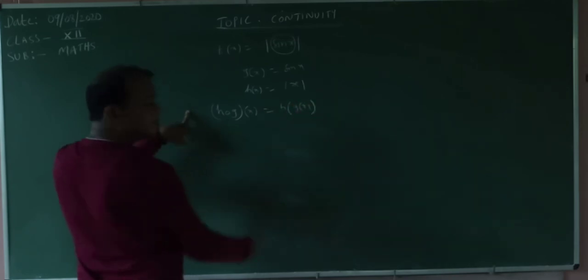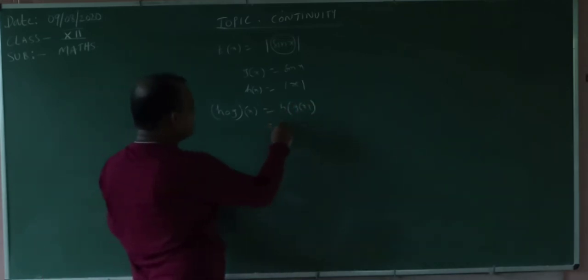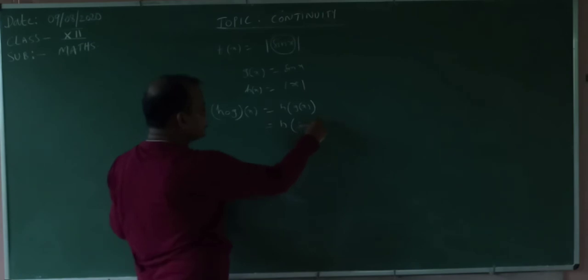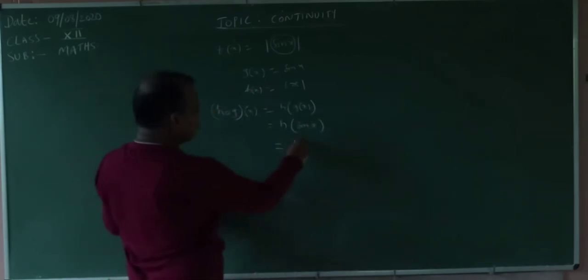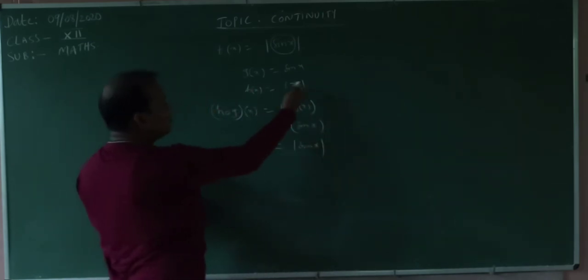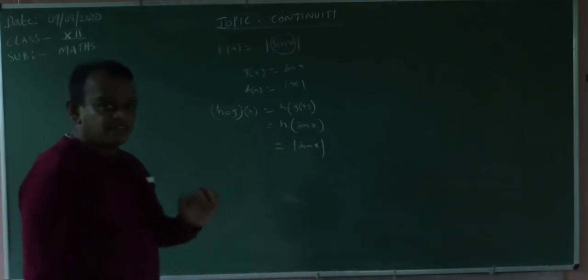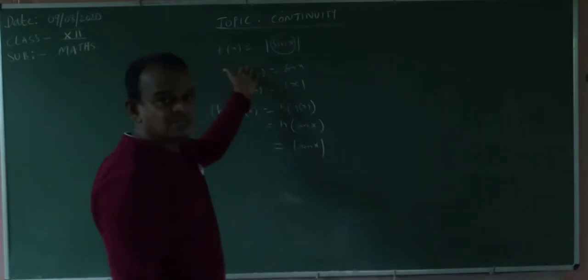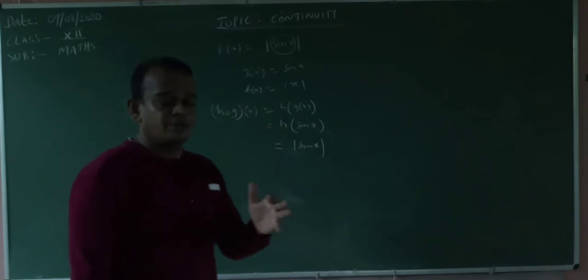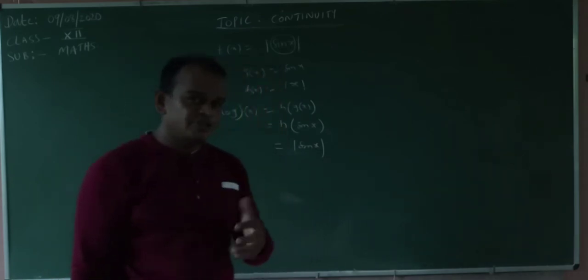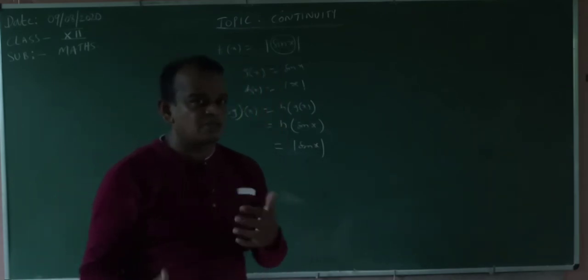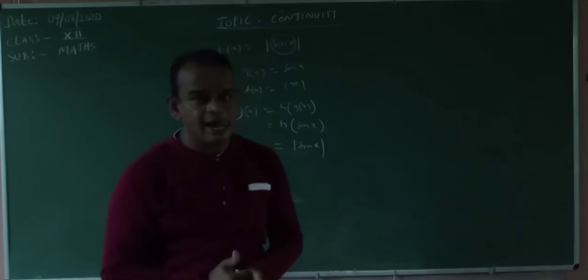Now, what does the composite function mean? h circle g of x is equal to h of g of x. Find out. h of g of x means h of sin x, which means mod sin x. Whenever g and h are two functions continuous on D, then their composite function must and should be continuous on the same domain.